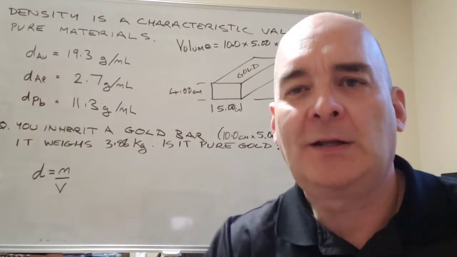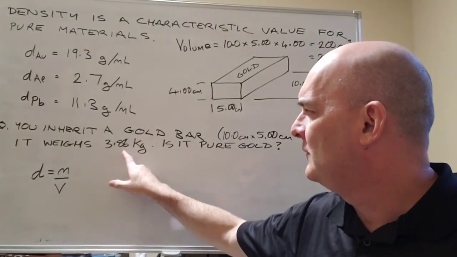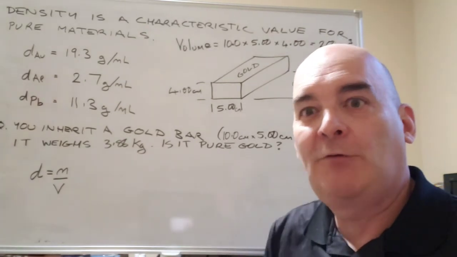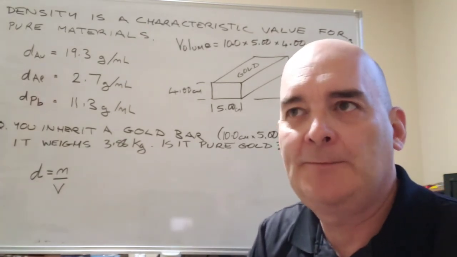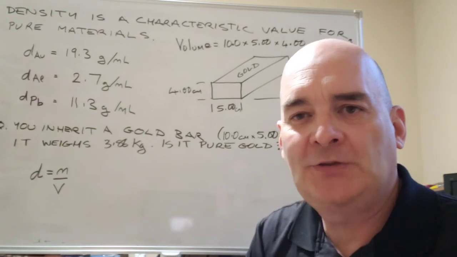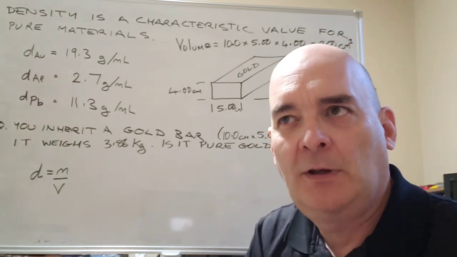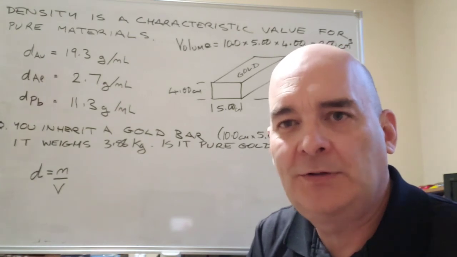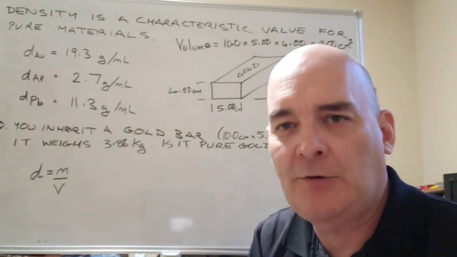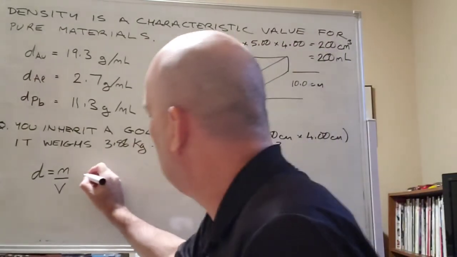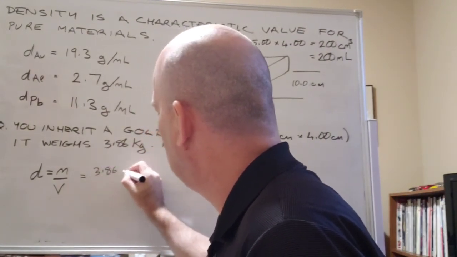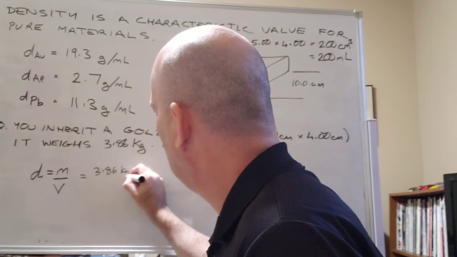So I'm going to perform a little conversion here where I convert kilograms into grams. And I remember from just a little bit earlier that the metric system is always in intervals of 1,000. That there are 1,000 grams in a kilogram. Okay. So the mass that goes here, that's my 3.86 kilograms.